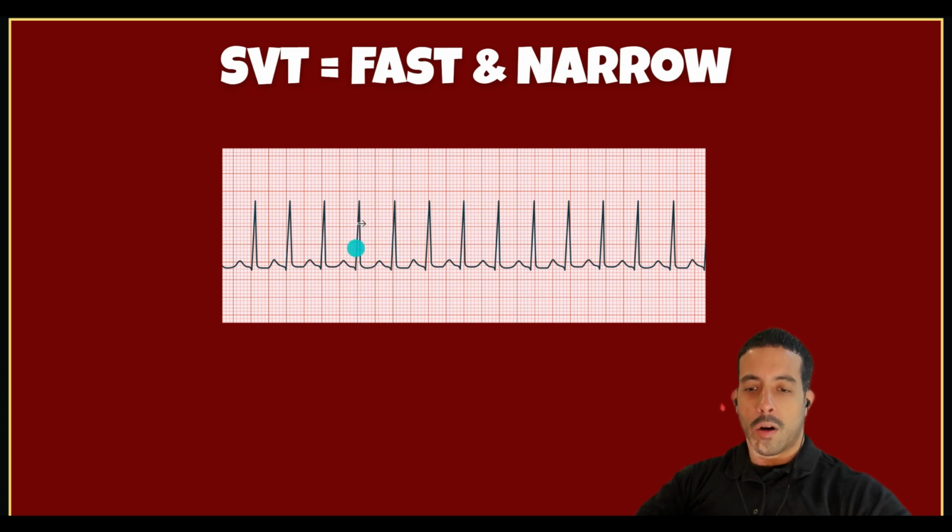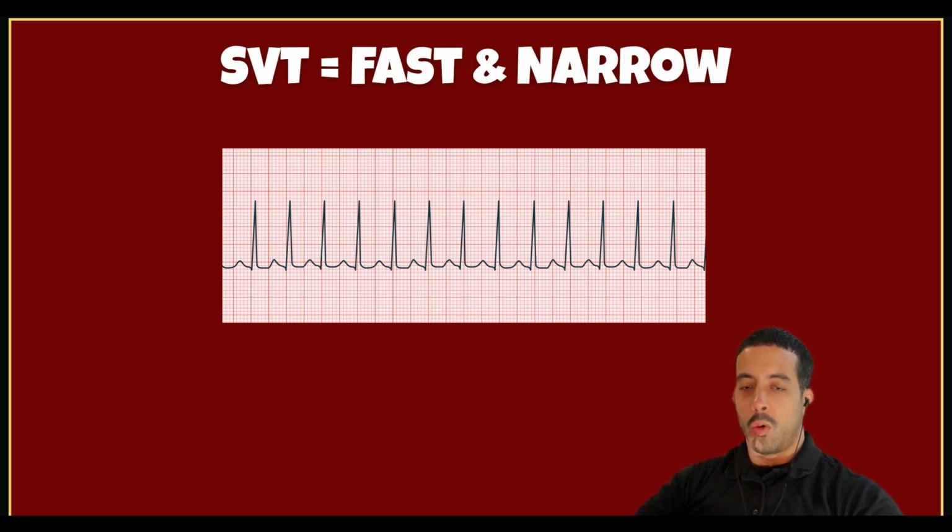And the QRS is also narrow, because when we get into fast rhythms, one of the things that we need to look at as well is the duration of the QRS. In this case, these QRSs are narrow and it's regular. And if we're thinking irregular, I'll show you what rhythms that'll be shortly. But this is very, very classic for SVT.